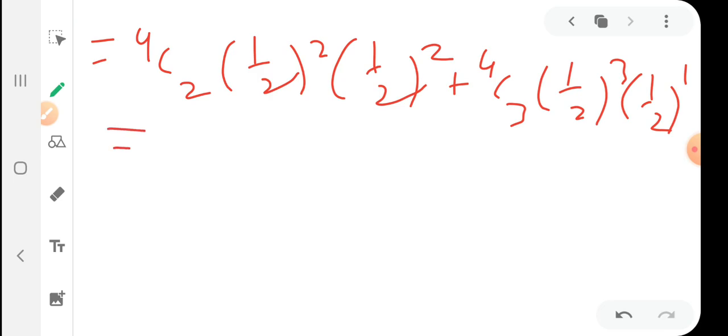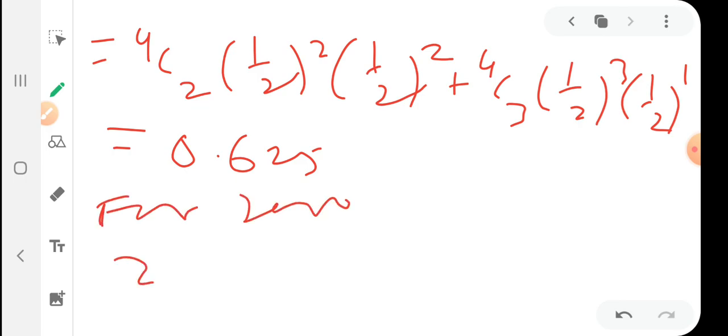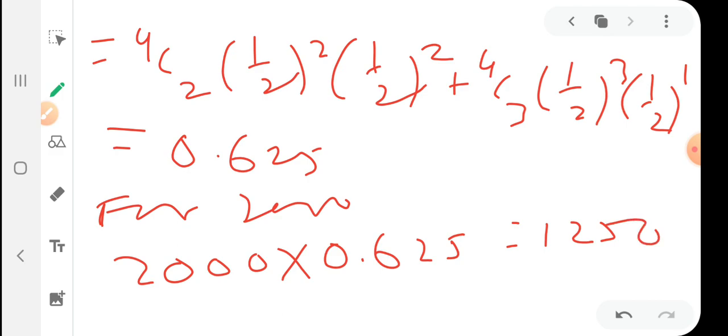You will get 0.625. For 2000 families, 2000 into 0.625, so you will get 1250. 1250 families are there, correct?